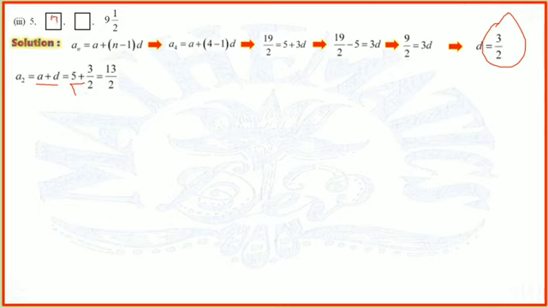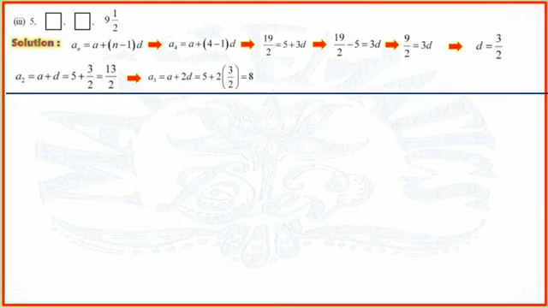Then this third term, A3, is equal to A plus 2D, so A is 5 plus 2 times D, which is 3 by 2. The 2 and 2 cancel, so 5 plus 3 is 8, so the third term is 8. So that's all about these missing terms.